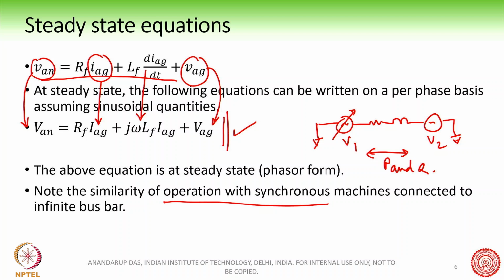So we have this four-quadrant operation of E versus V, the four-quadrant operation of a synchronous machine, which we already know, where E can be leading or lagging the terminal voltage. Exactly similarly, here also we will see the same thing happening.